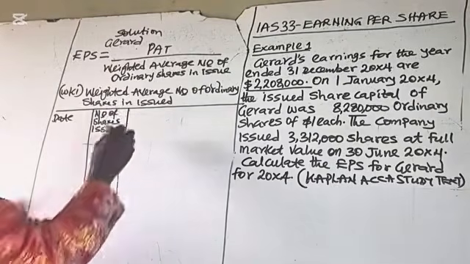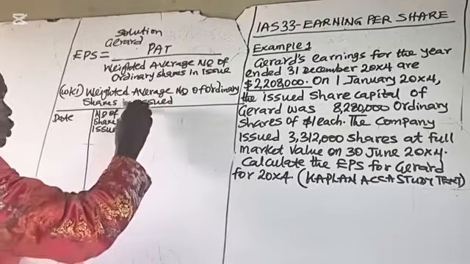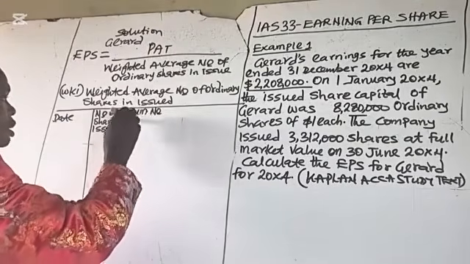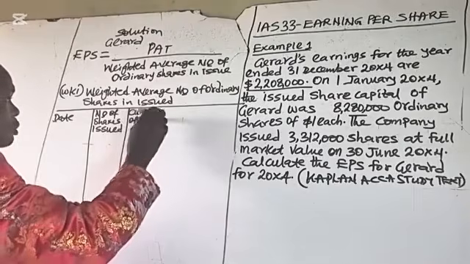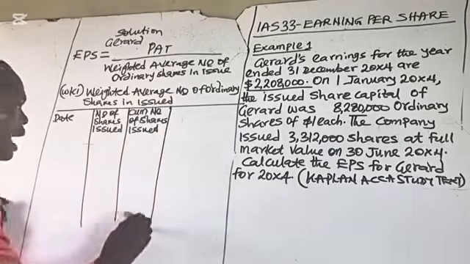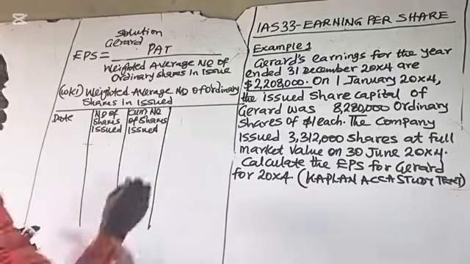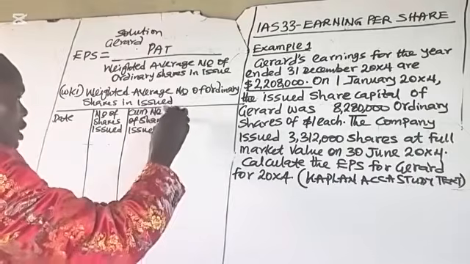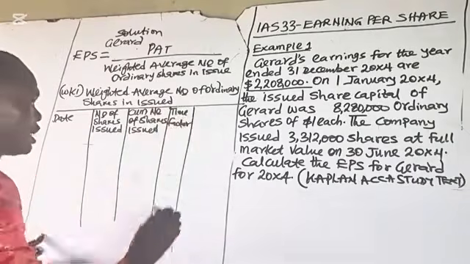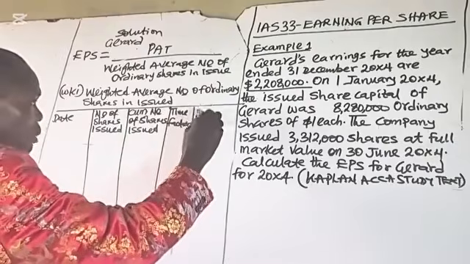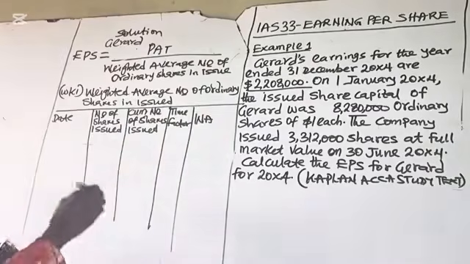Then you have cumulative number of shares issued. Then you now multiply by the time factor. Then the result obtained will be weighted average number of shares.